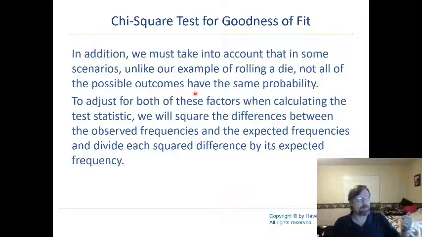So we're going to do the same thing we did with calculating standard deviations and square the differences between observed and expected frequencies, and then divide the squared difference by the expected frequency. So it's kind of like doing a standard deviation calculation. It's conceptually similar.